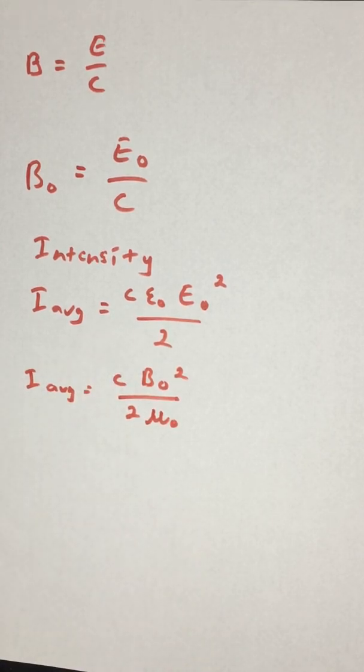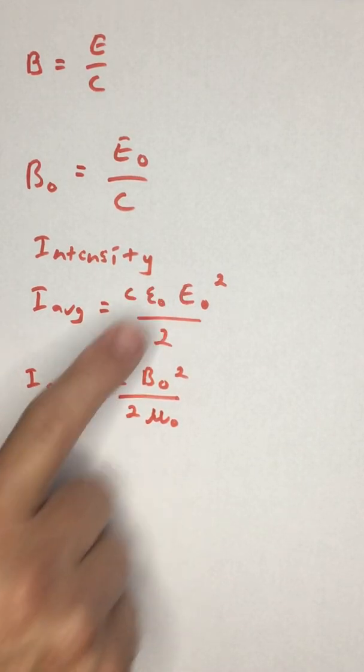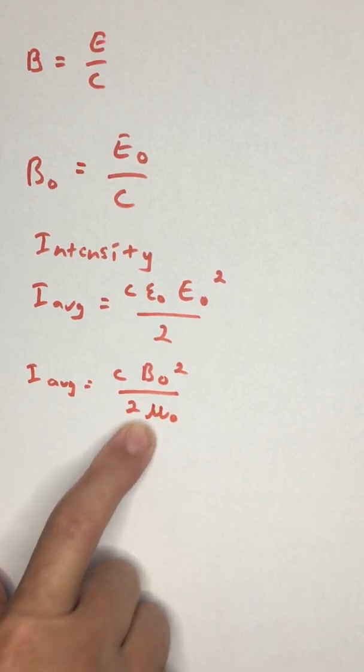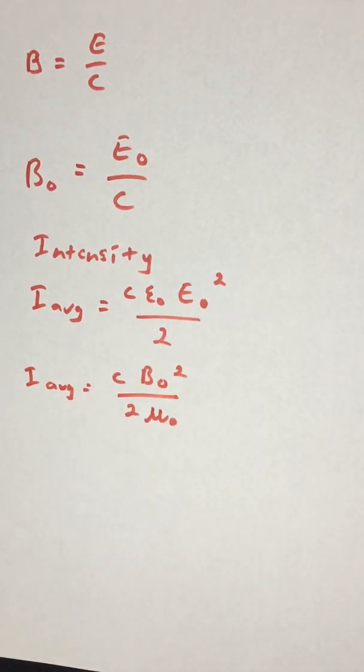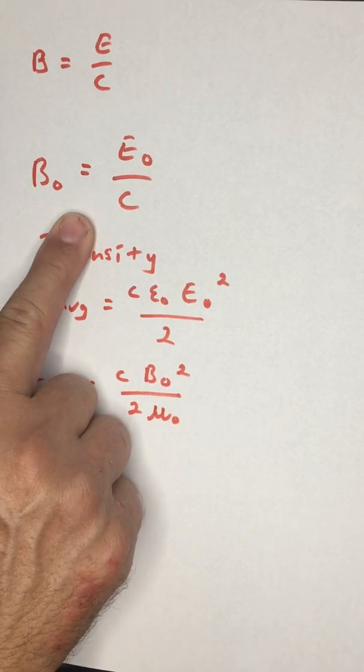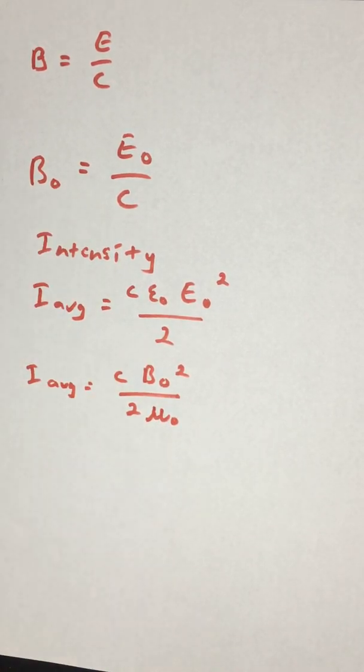So if you're asked to determine the average intensity of an electromagnetic wave, and you're given only one of the Emax or Bmax values, you pick out whichever equation uses the one you have, and go with it. If you're given the B field, you pick out this equation. If you're given the max E field, you pick out this equation. Of course, you could always do either one if you know how those max values are related, which is right here. So electromagnetic waves, as far as what we do with them, are not that complicated.